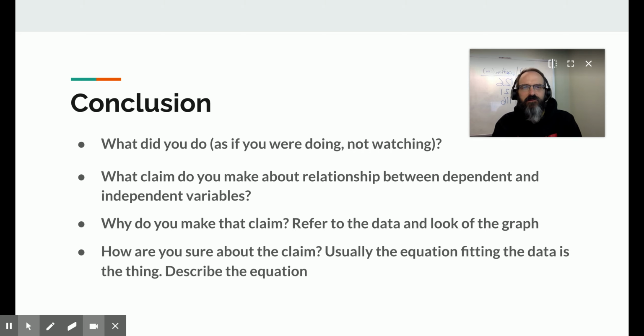And then we need to reinforce it with some reasoning, to connect to our claim. The reasoning is usually in the form of a mathematical formula, what we've been calling a line of best fit or a mathematical model.